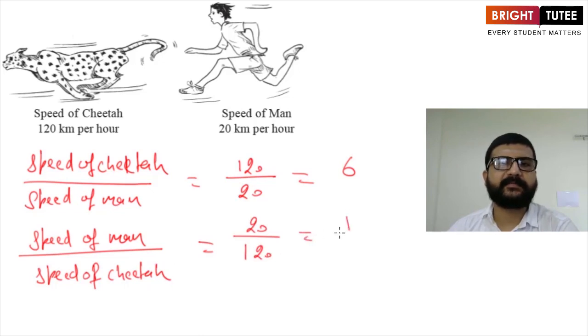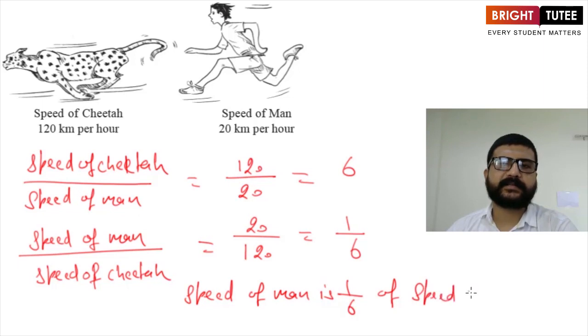Now by simplifying we will get 1/6. So here we can say that the speed of man is 1/6 of the speed of cheetah. We can write like this: speed of man is 1/6 of speed of cheetah.